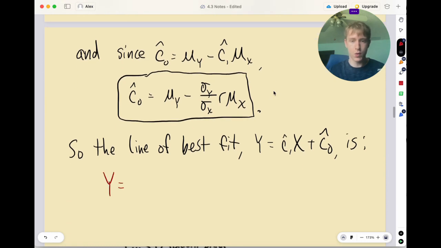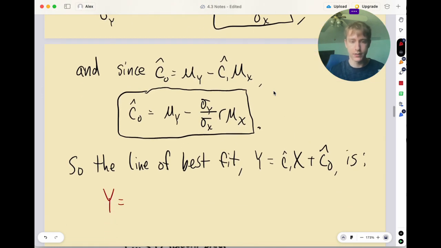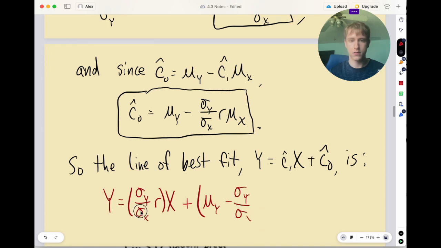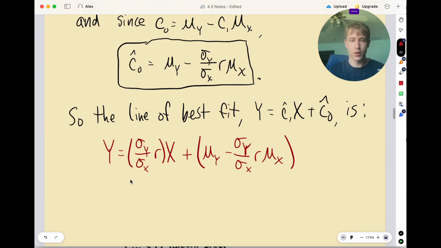Y is equal to, let's see, C1 hat was sigma y over sigma x times r, and that's times x, plus C0 hat, which is mu sub y minus sigma y over sigma x r mu sub x. Okay? Where again, this was C1 hat, and this was C0 hat.